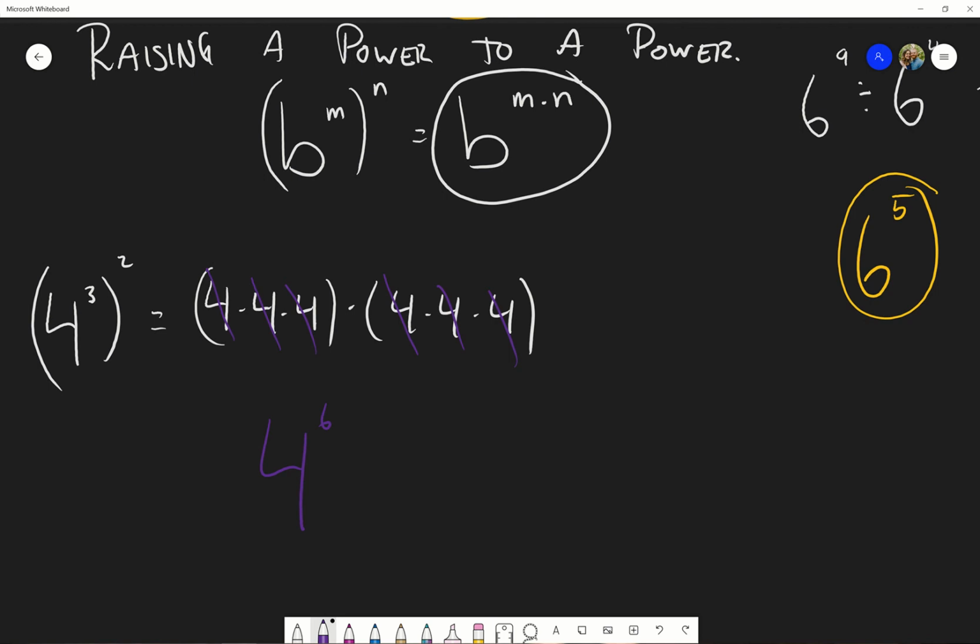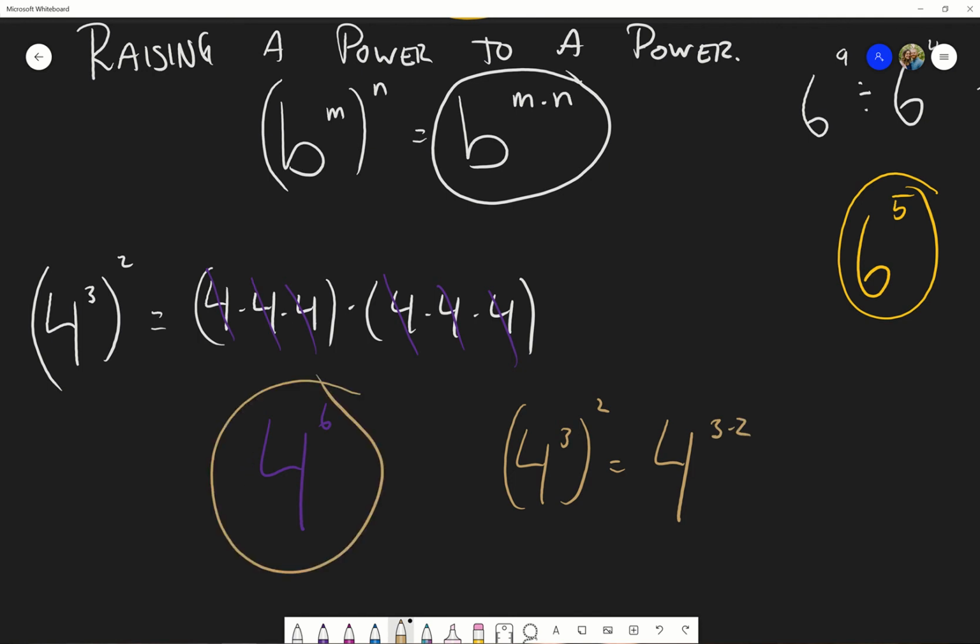If I were to do it the math way and say 4 to the power of 3, to the power of 2, equals 4 to the power of 3 times 2. 3 times 2 is 6. I still get 4 to the power of 6.